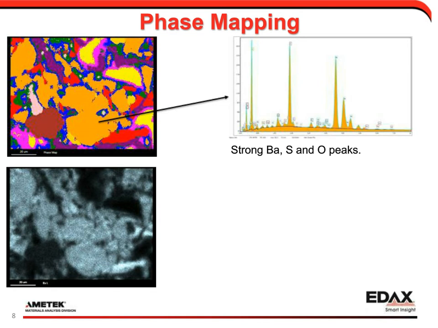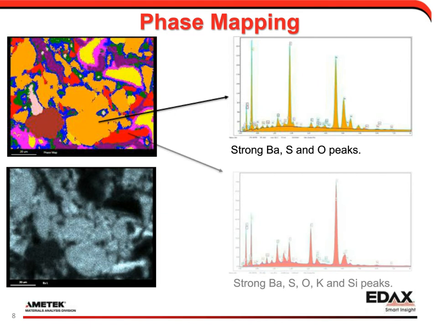For instance, the red phase in the phase map corresponding to the bright barium particle in the lower right corner. So if you look at the spectrum from the red phase, we can see we have still barium, sulfur, and oxygen, but the ratios have changed. There's less sulfur and less oxygen in this peak, thus higher concentration of barium.